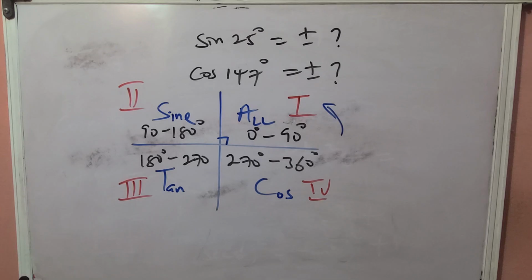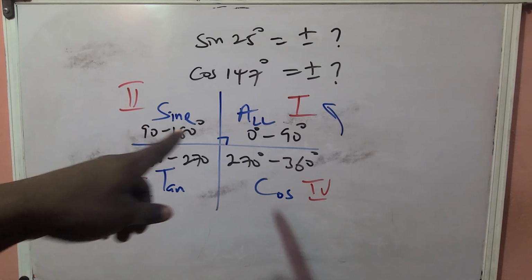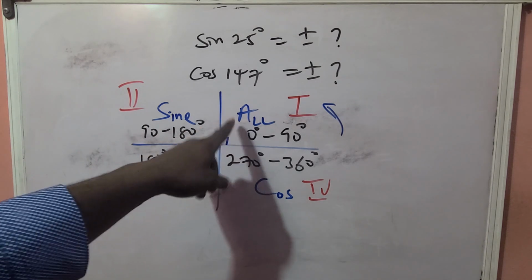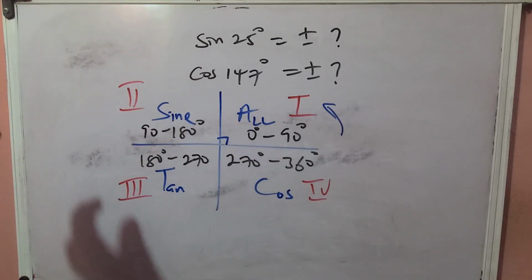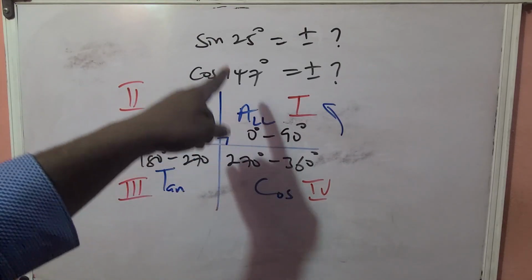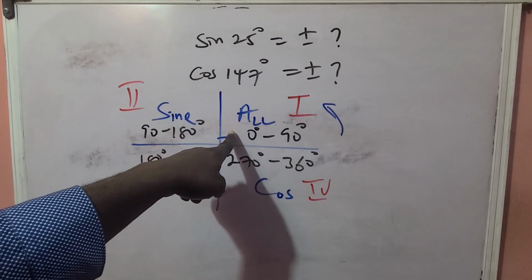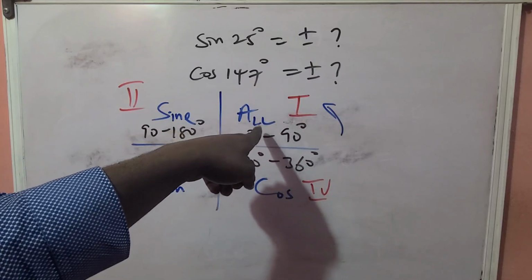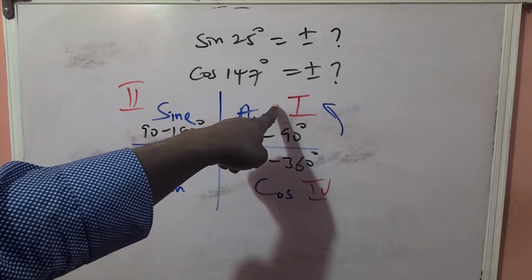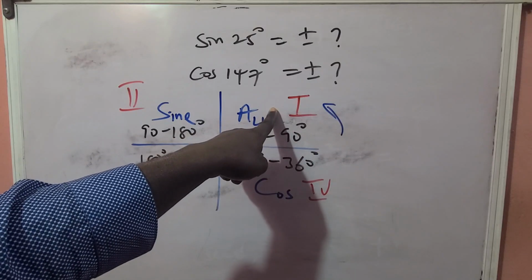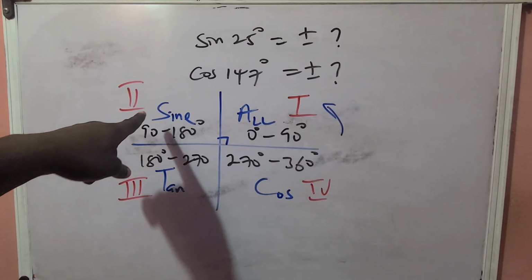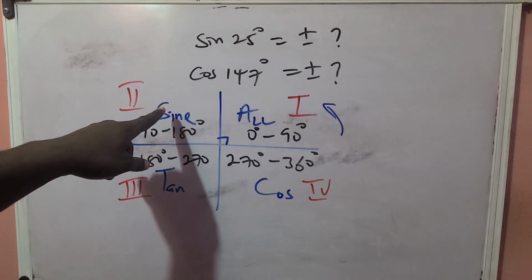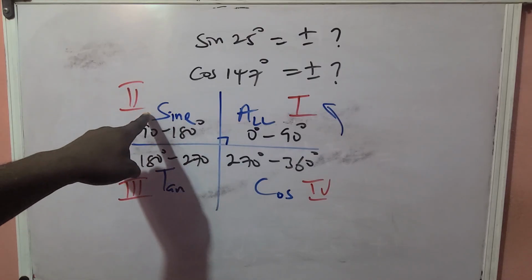Now, what does this all mean when we talk about all, sine, tan, and cosine? Well, the implication is that in quadrant 1, all the trigonometry functions, that's sine, cos, and tangent, are all positive. So every trigonometry ratio or function is going to be positive if it lands in the first quadrant. For the second quadrant, every other one apart from sine will be negative.